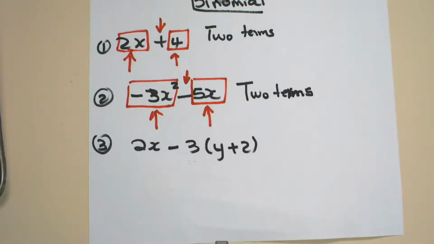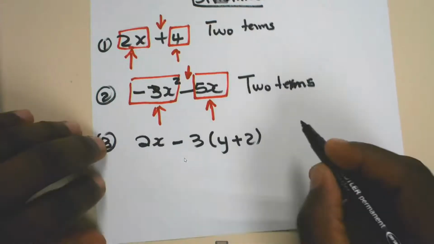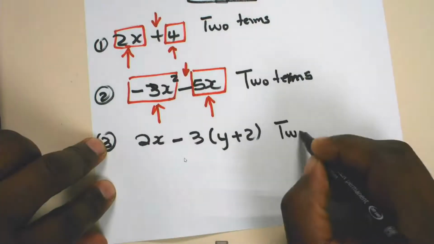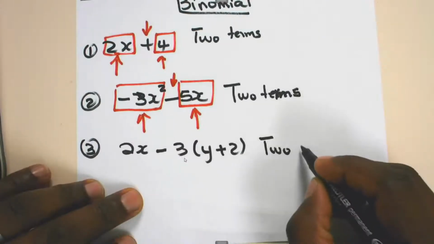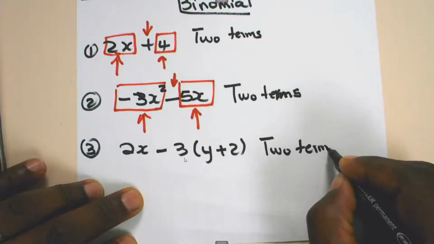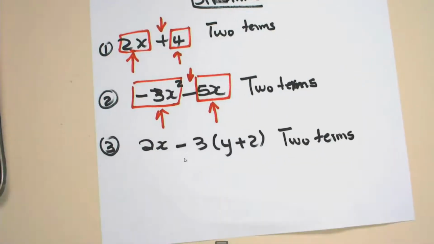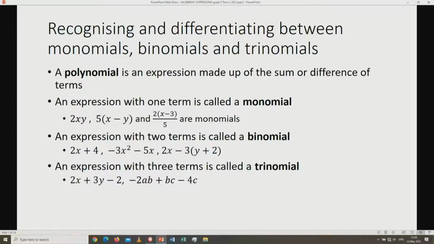So it's a term, it's a term. Because of that, we have two terms. So if we have two terms, we also have what we call a binomial. All right. Let's go and check a trinomial.